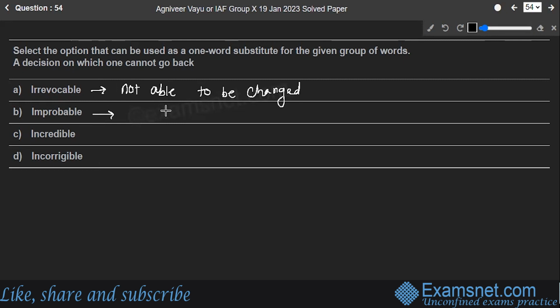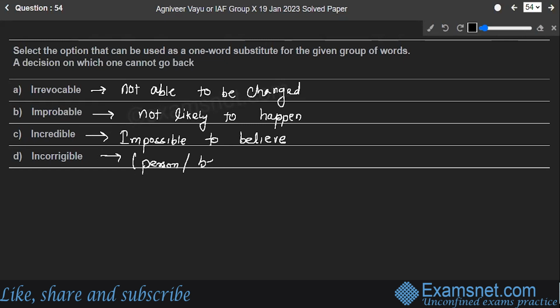Improbable, that means not likely to be true or to happen. Incredible, impossible to believe. Incorrigible, relating to a person or behavior, not able to be changed.